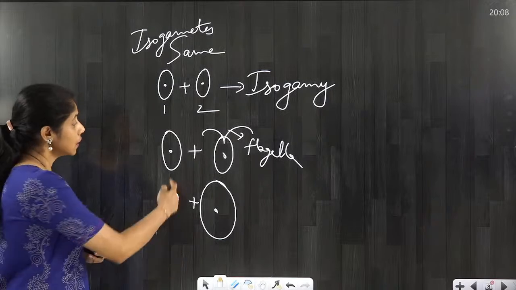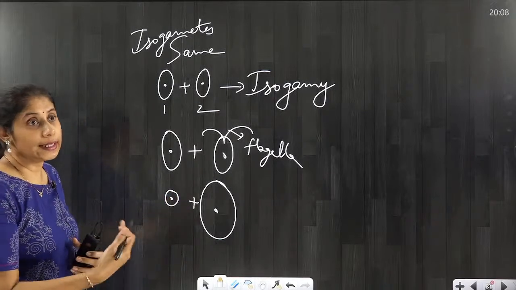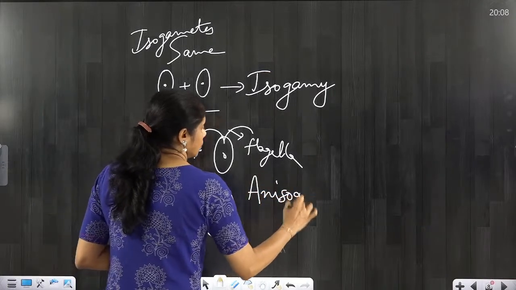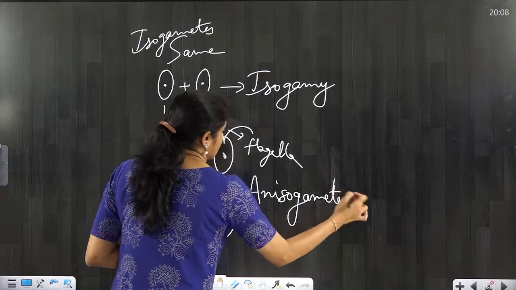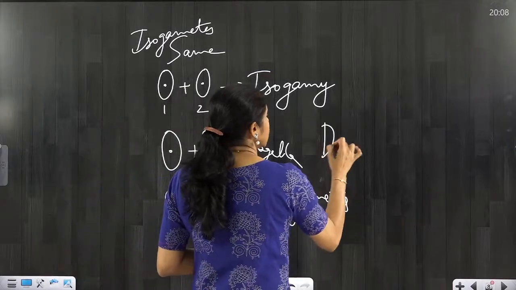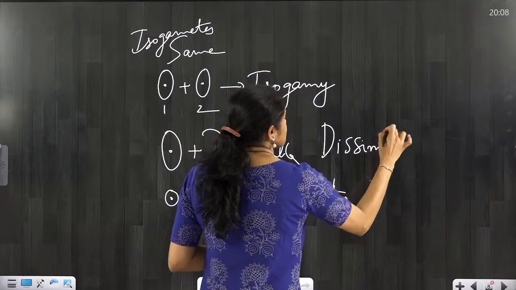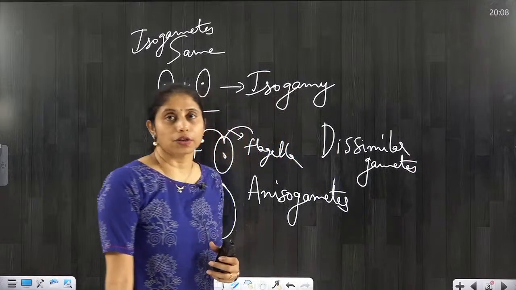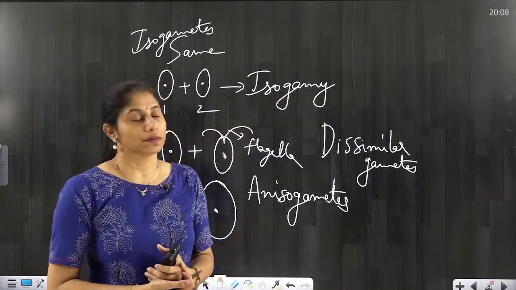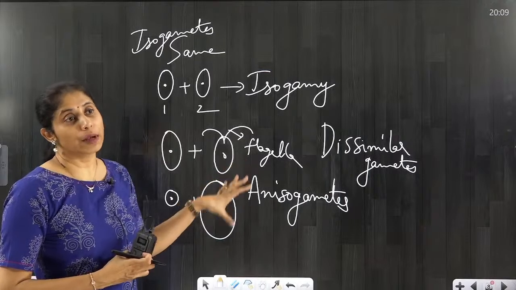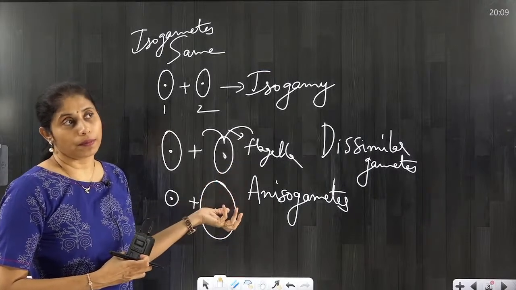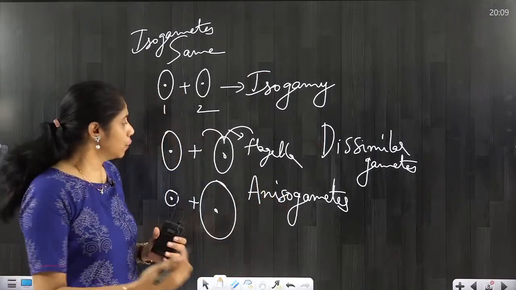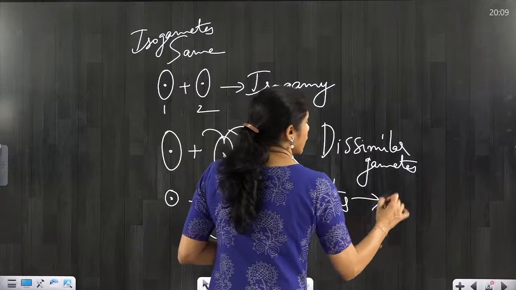This type of dissimilar gametes are called anisogametes. At least one point will be different, or two points, like size, structure, motility, or function. The fusion of dissimilar gametes is called anisogamy, or the fusion of anisogametes is called anisogamy.